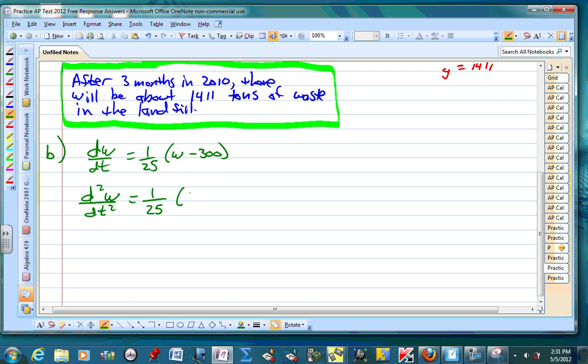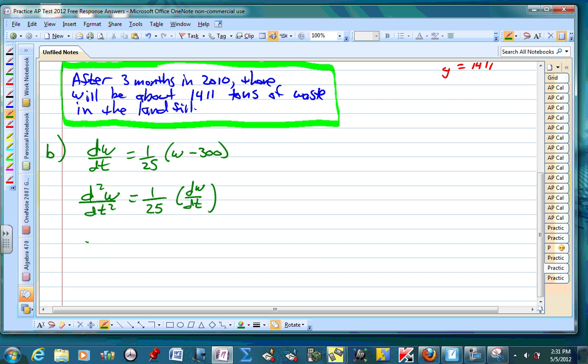The derivative of W with respect to t is dW/dt, and the derivative of 300 is 0. So here we go. Remember, dW/dt was given to us, so we could say that this second derivative of W with respect to t is 1/25 of dW/dt, which was 1/25 of the quantity W minus 300.